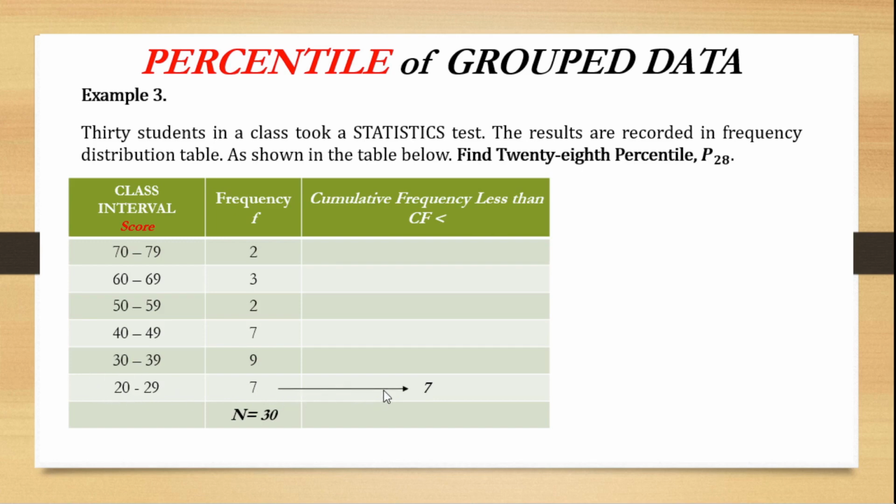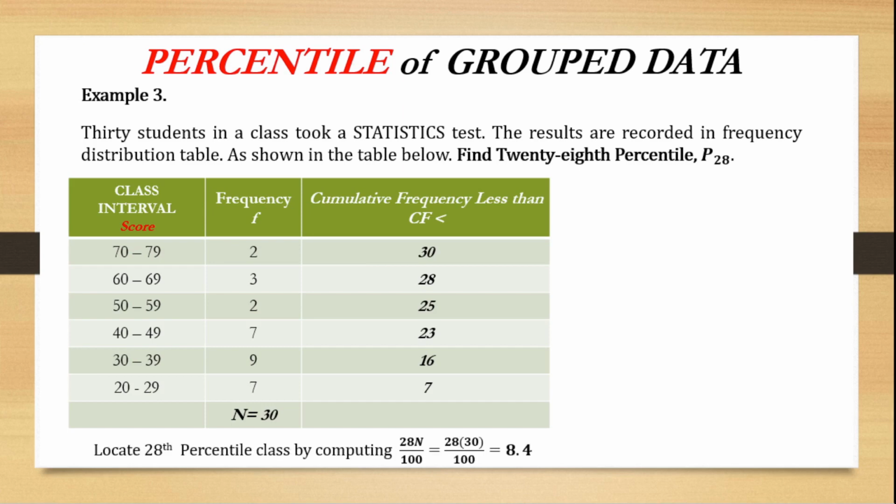Then to get the next, we add 7 plus 9, that is 16. 16 plus 7, 23. 23 plus 2, 25. 25 plus 3, 28. And 28 plus 2 gives us 30. So we have completed the data in the column for the cumulative frequency less than.